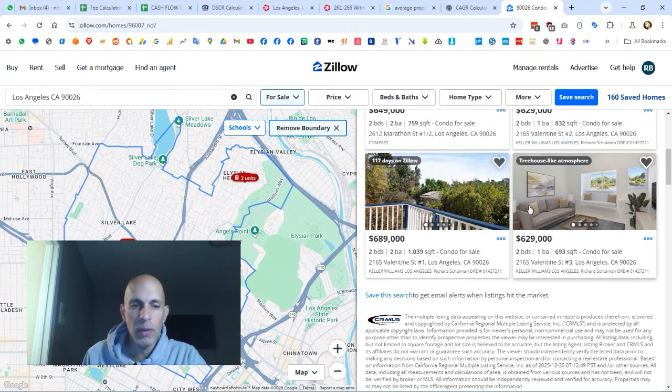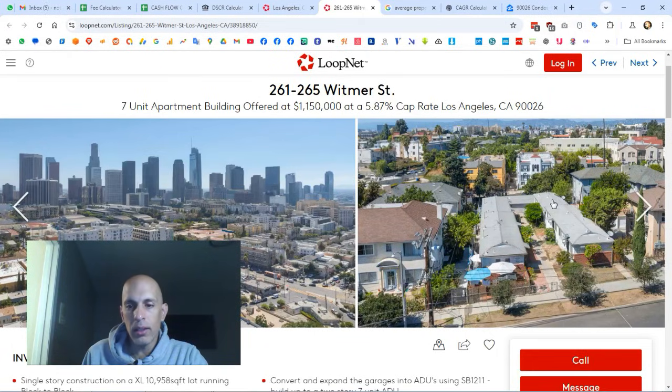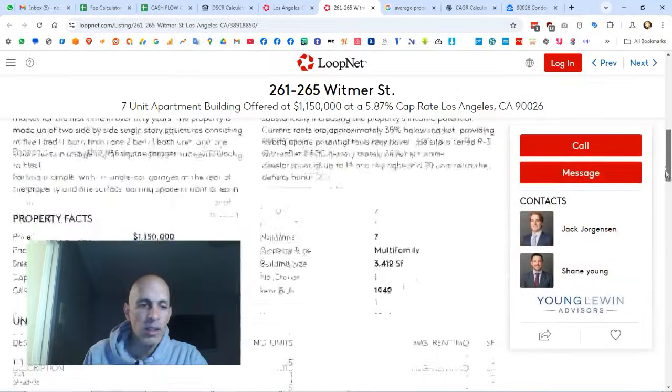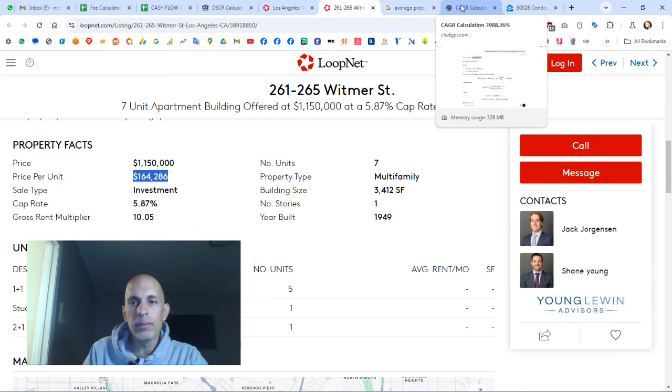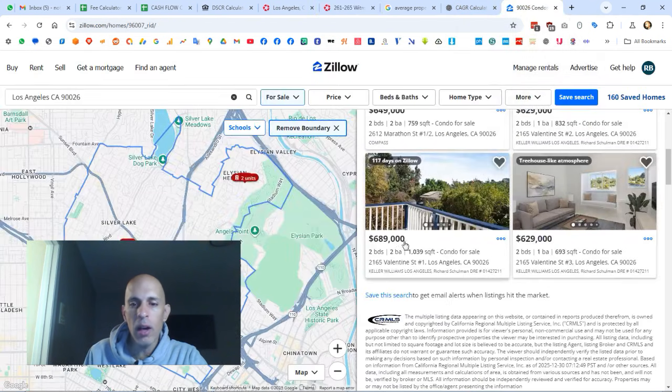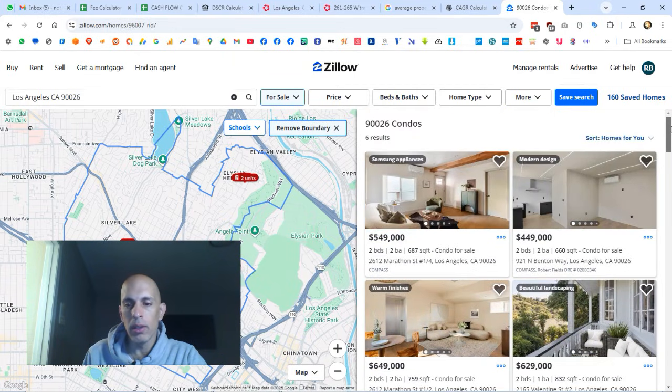These are the cheap condos right there, right? So you're buying each condo literally for 164, 165, and then turn them into condos, and you can flip them for 400, 600,000 per unit fairly easily.